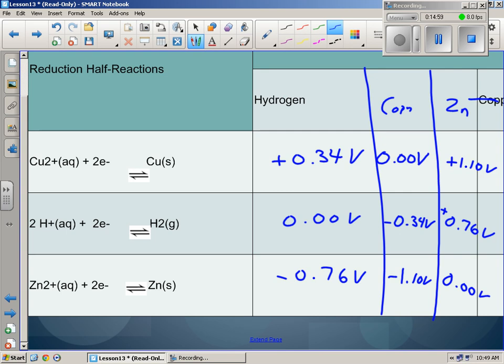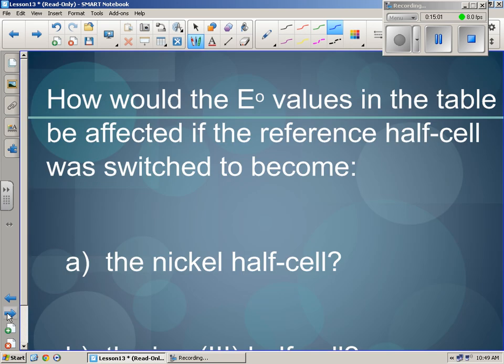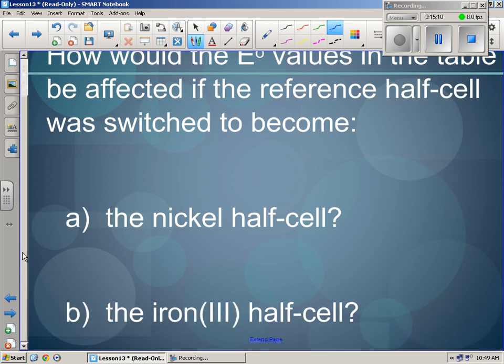Okay. All right. Well, let's ask you a few questions here. What if the electrical potential values in the table, how would they be affected if the reference half cell was switched to become the nickel half cell? So take a look at your table, guys. Right now, on your table here, hydrogen is the reference half cell at 0. What if I wanted to switch that reference half cell to nickel instead?